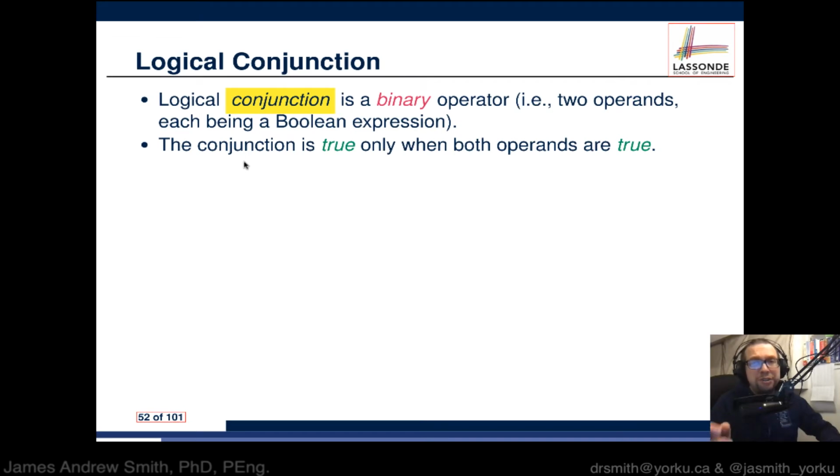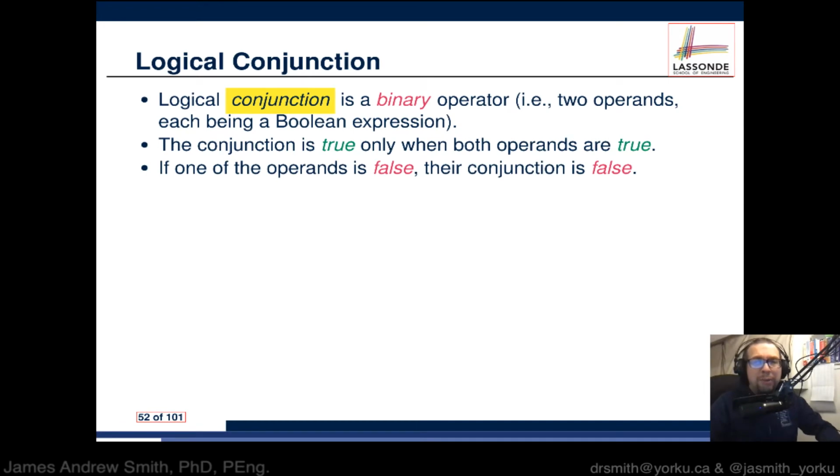The conjunction is true only when both of the operands, both things on either side of the and, are true. The result is false if one of the operands is false. So if one of the things on the left or the right hand side is false, then their conjunction is going to be false.